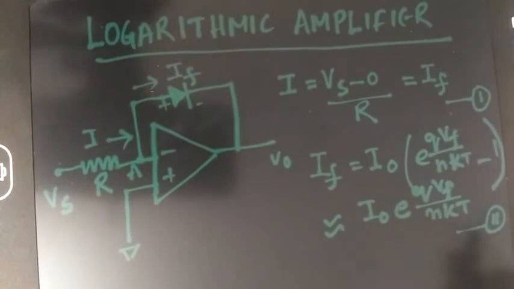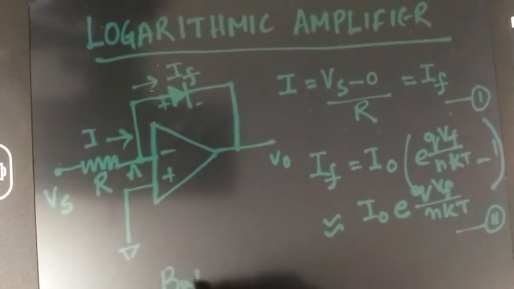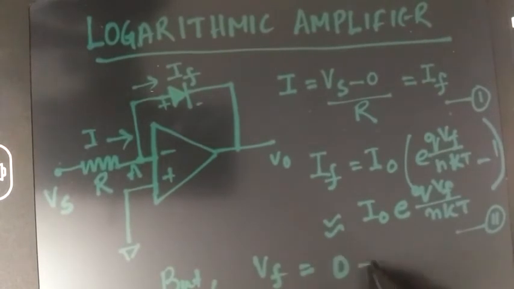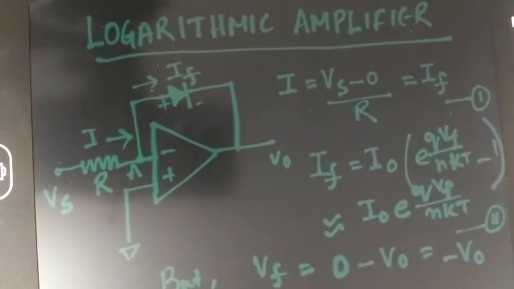Now over here, Vf I can write as Vf is equal to 0 minus V naught, which is minus V naught, as we can see from the diagram. So what will happen to IF then, as Vf is equal to minus V naught? Let me move on to the next page.